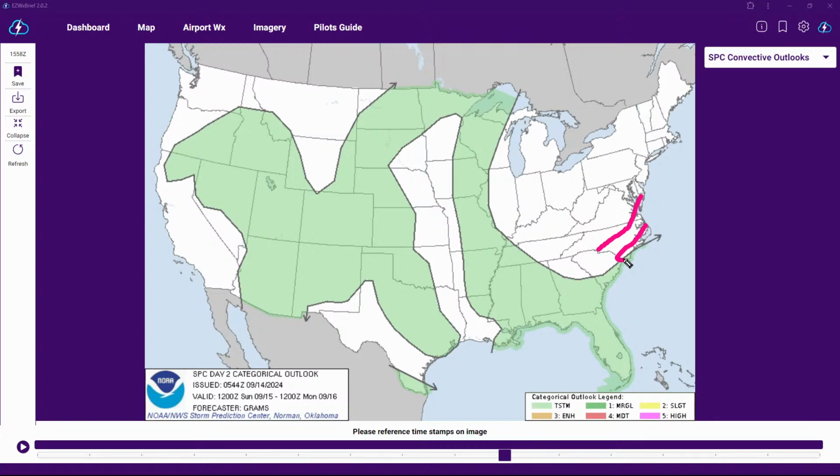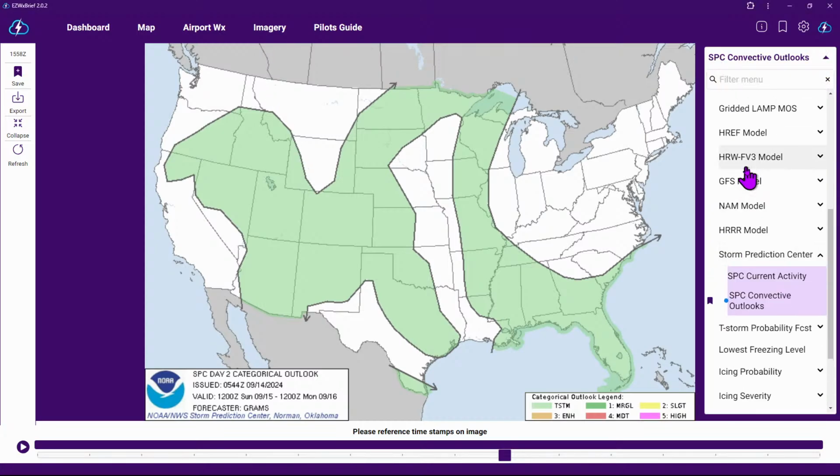And certainly we want to try our best to work around that. So there is definitely some convective potential south and east of our route, but this is showing less than a 10% chance that we'll run into any thunderstorms or convection that would potentially even meet SIGMET criteria.